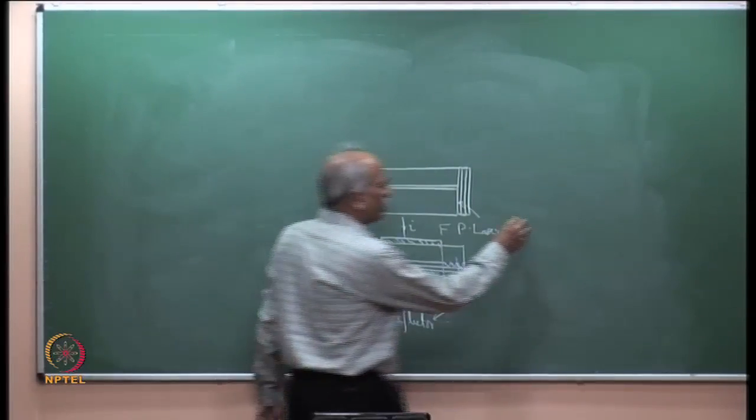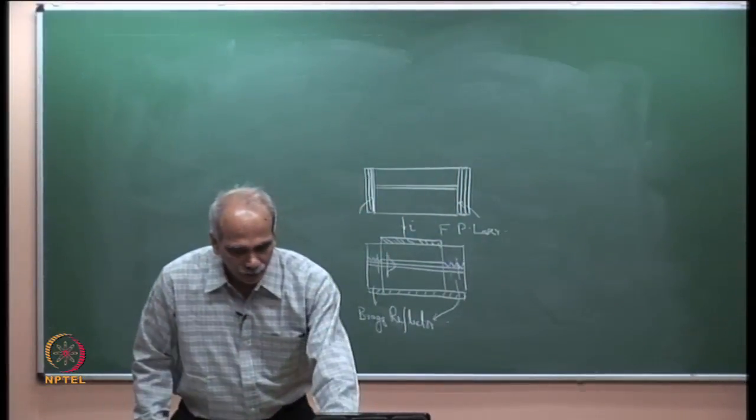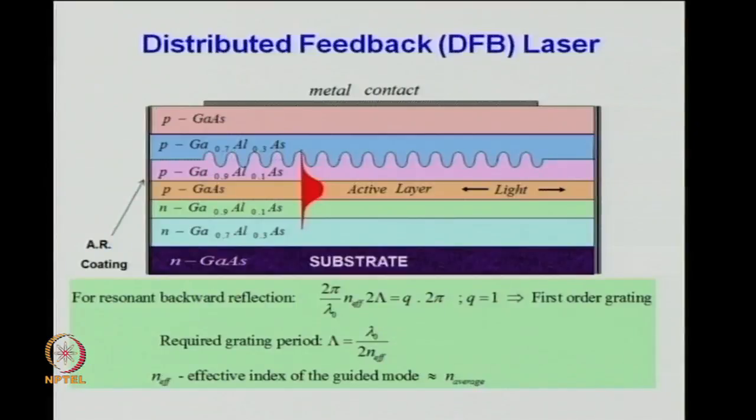In the case of a DFB laser, let me go back to the DFB here. You see that the metal contact is here, carriers are flowing across, carriers are also flowing through the grating region which is selecting the frequency.